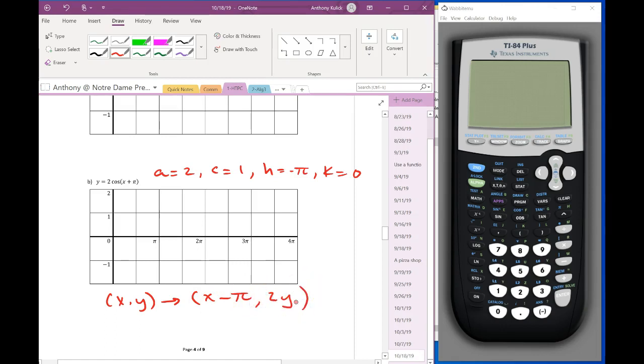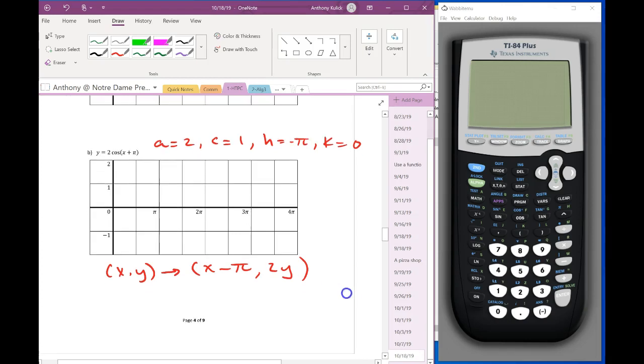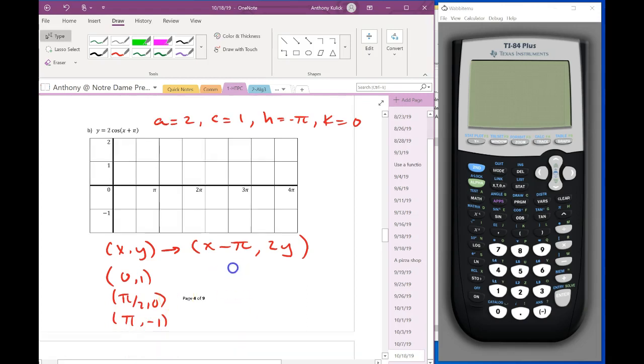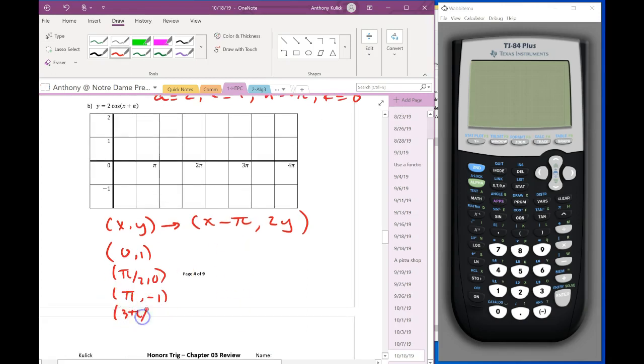So I'm not going to draw in the ones and zeros. The key points for cosine: 0, 1; pi over 2, 0; pi, negative 1; 3 pi over 2, 0; and then 2 pi, positive 1.